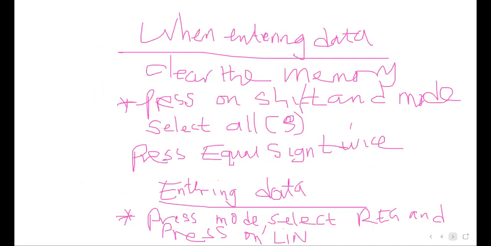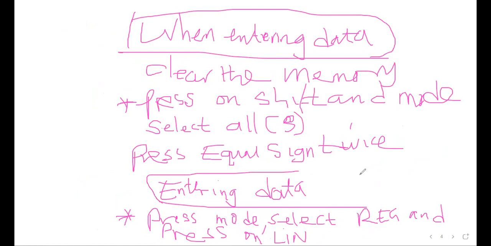And then of course we have to enter the data. When entering data, I mentioned that we're supposed to clear the memory, press shift and modes, and all that. These are the steps that we look at.